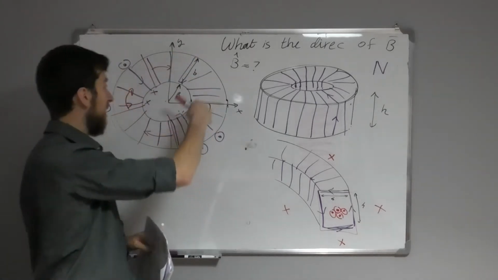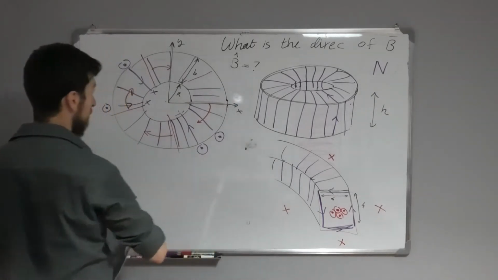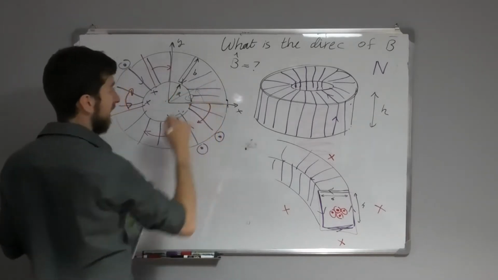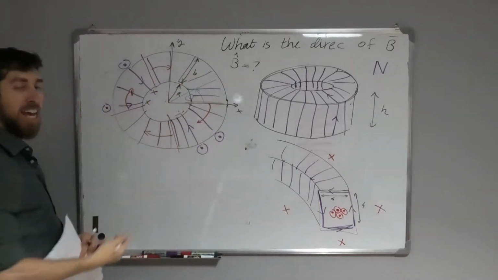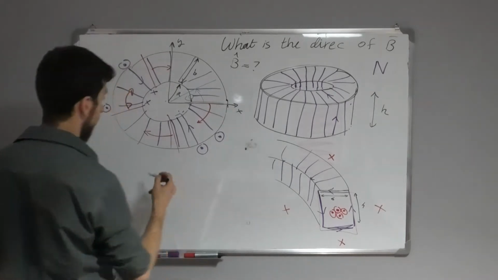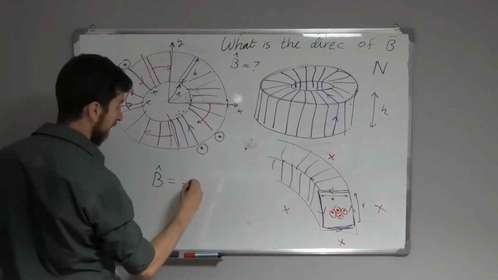So in which coordinate is the magnetic field? If this is theta, I want to remind you, this is theta. Theta is to go up from the x-axis. I'm actually going against theta. So I already know that the magnetic field, B direction, is equal to minus theta.